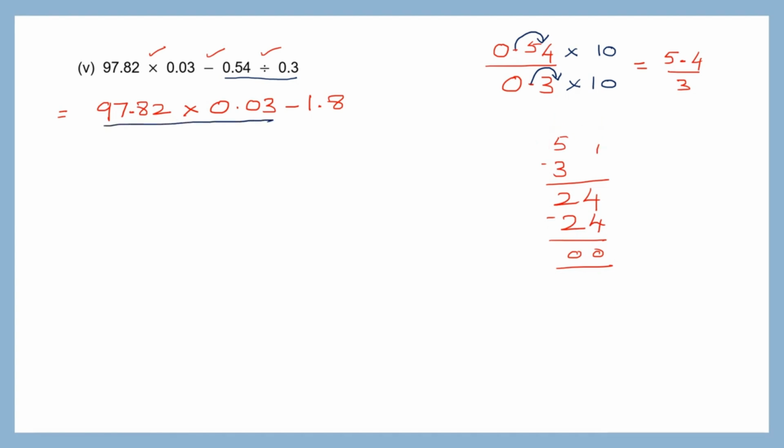So let's go ahead and do the multiplication of 97.82 and 0.03. Now when you multiply, the rule is ignore the point and multiply.